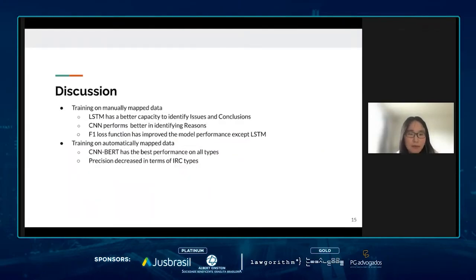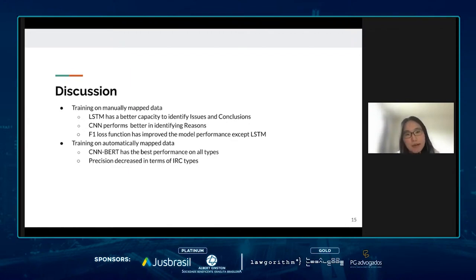What we can learn from the results of our experiments? In general, the model performed much better after training on the manually mapped data than the training on the automatically mapped data. And we also noticed that the different models have their own strengths of identifying different types of sentences.